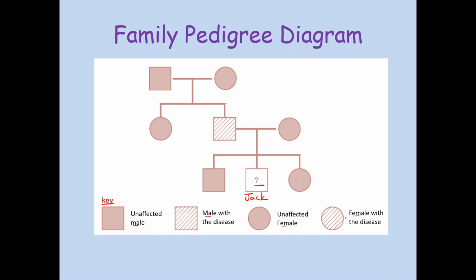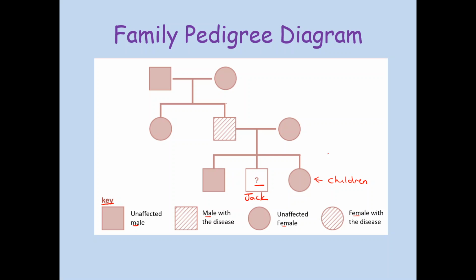Okay, so first things first, what I'm actually going to do is work from the bottom of the diagram and work our way up to work out what each thing is. So on this particular row, these are the children that we're actually interested in working out the genotypes, and ultimately Jack's.